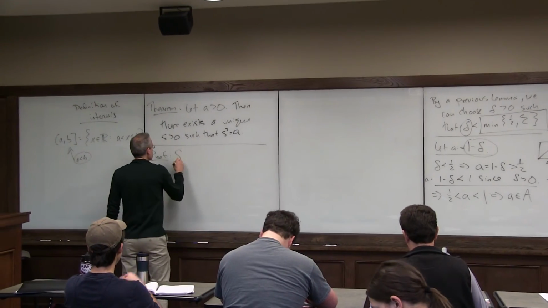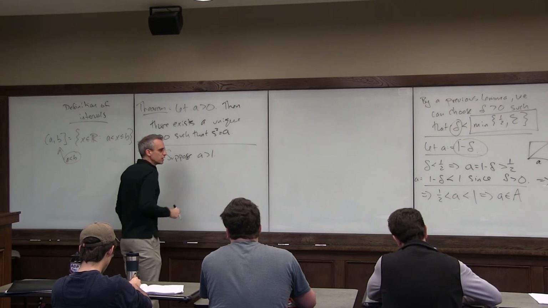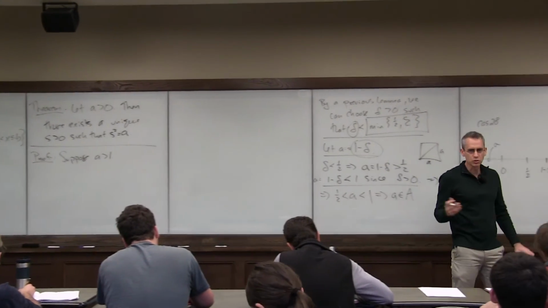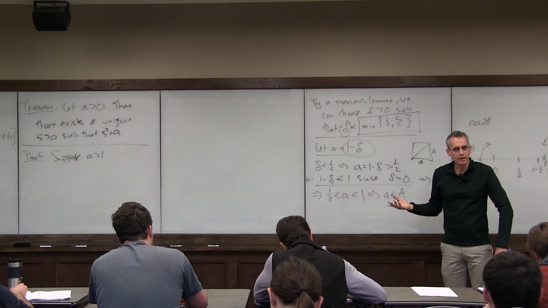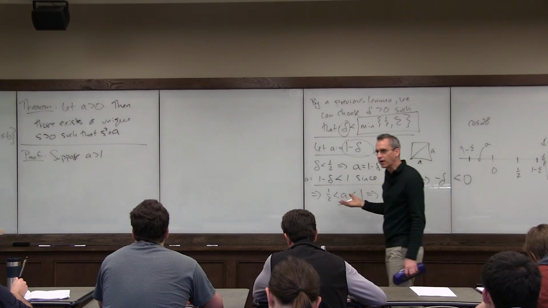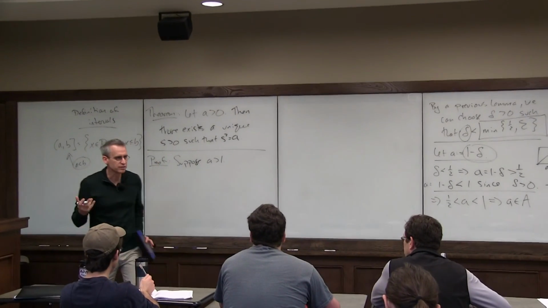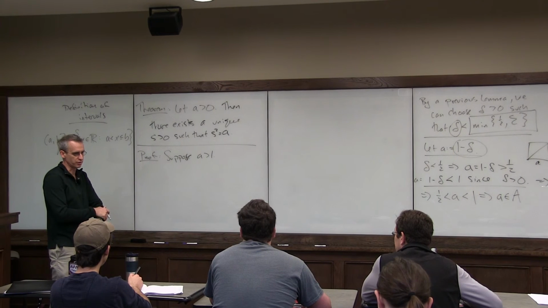is I'm going to suppose A is bigger than 1. Now you'll see the value of this, it will come in over and over again, but the reason I'm doing this, just to give you a heads up, is that when A is bigger than 1, I know what happens when I square. What happens when you square something that's bigger than 1? It gets bigger.